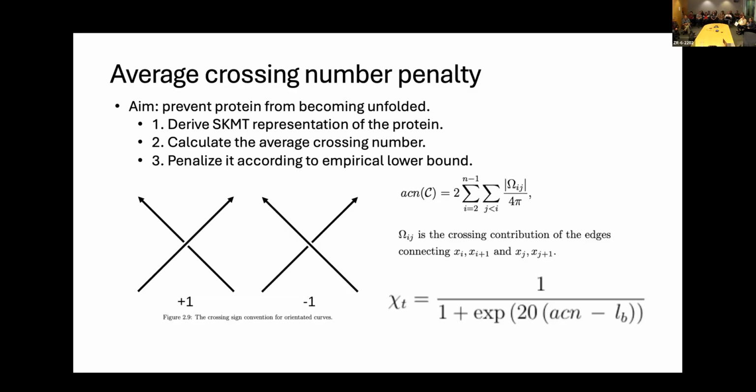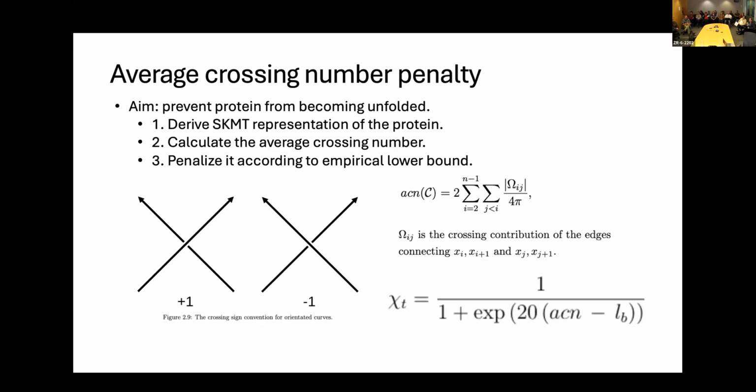Then the linker simplification is a bit more complicated. We take three points on the linker and construct a triangle. If there's nothing going into the triangle, then we can remove the middle point, and we can do that across the whole linker. So this one here will just be represented by a segment.